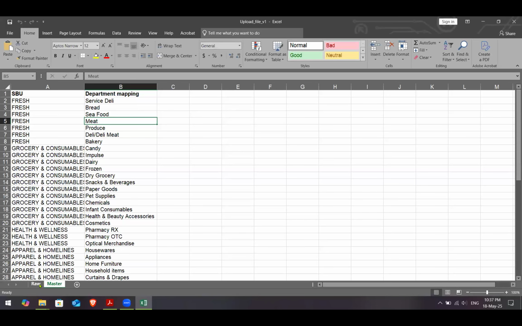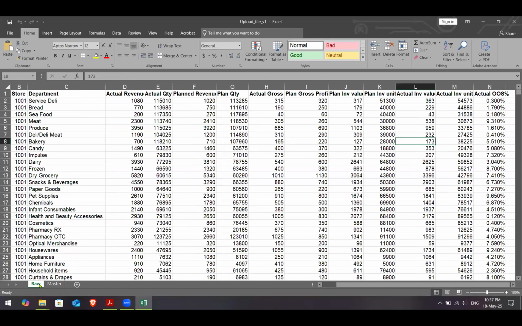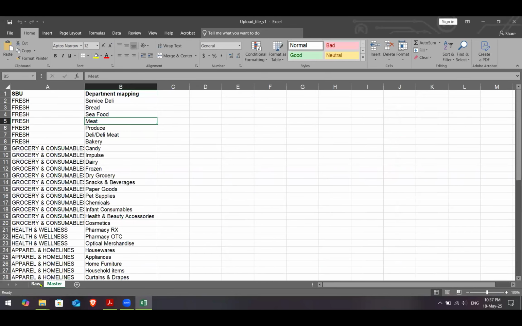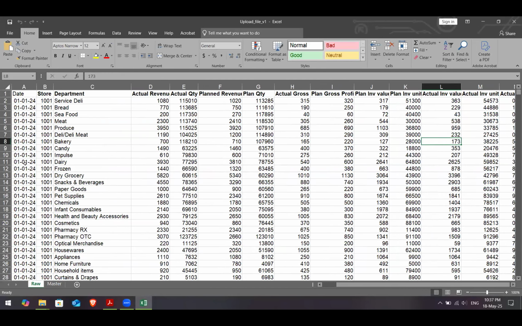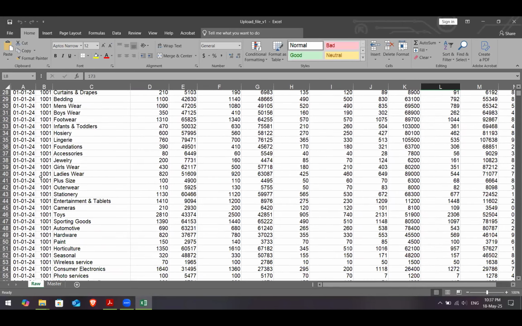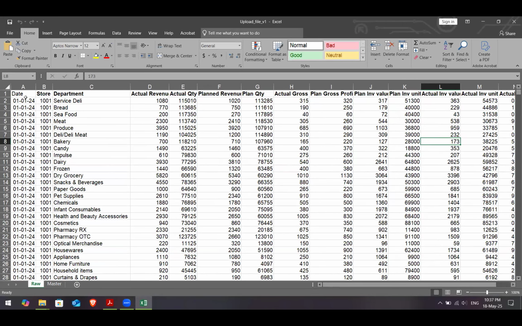There'll be two sheets in an Excel file, the raw and the master. When you consider raw, there'll be different stores and time frames. The time frame can be 1 month, 2 months, or even many years, even 7 years or more than that.